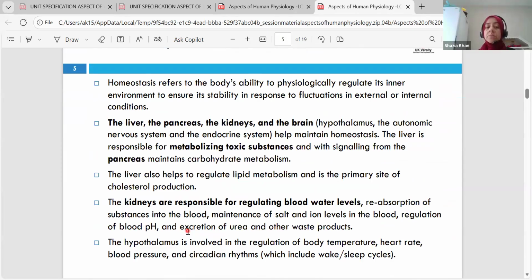The liver is responsible for metabolizing or destroying toxic substances. So if you've had a toxic drug or a toxic substance, the liver would metabolize that or remove that toxin from your body. And this happens with signaling from the pancreas, which maintains carbohydrate metabolism.